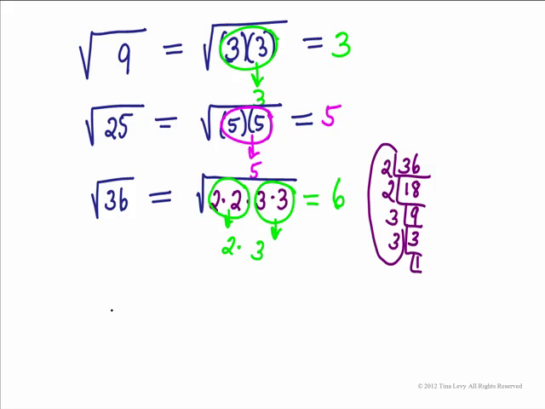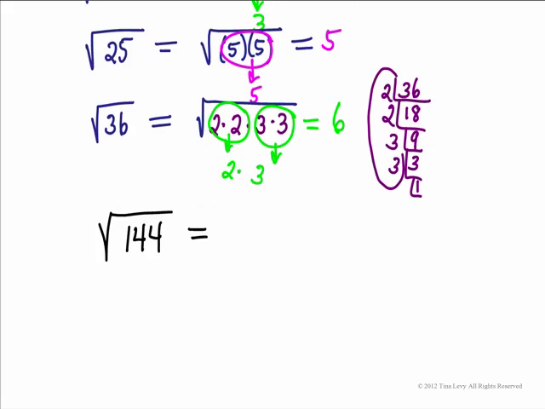It transforms to 1. So now suppose I said, what is the square root of 144? To work this, it's all going to hinge on getting the prime factors of 144. We start with 2. 2 goes into that 72. 2 goes into that 36. 2 goes into that 18. 2 goes into that 9.